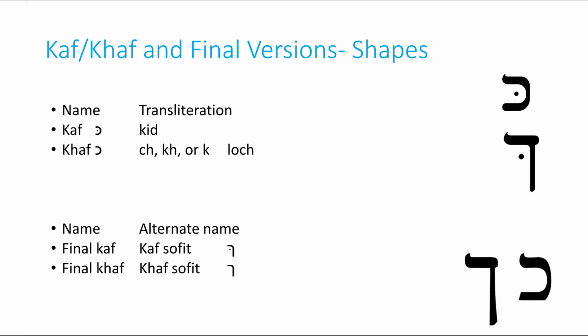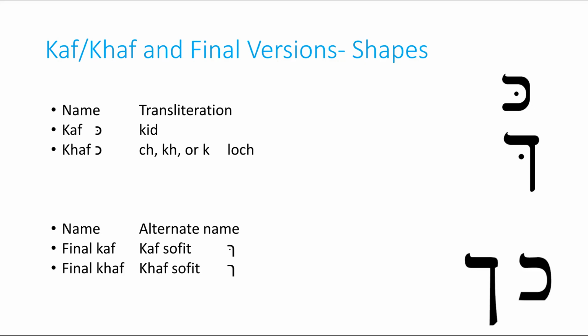Kaf is the first one that we're talking about that has two different forms, shapes. Not just a dagesh, that it can have a dagesh dot in it or not, but it has a different version when it appears at the end of a word. So the spoon-shaped one is at the start of the word, and it can be with the dot, k, or without the dot, ch.